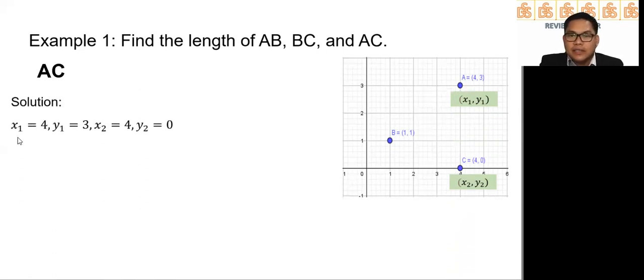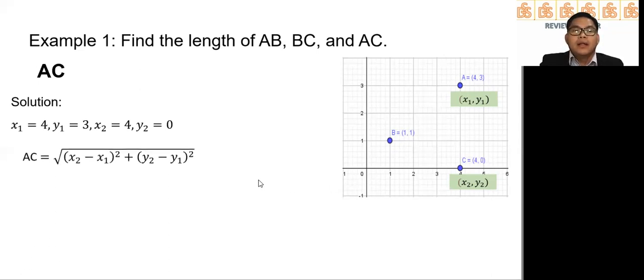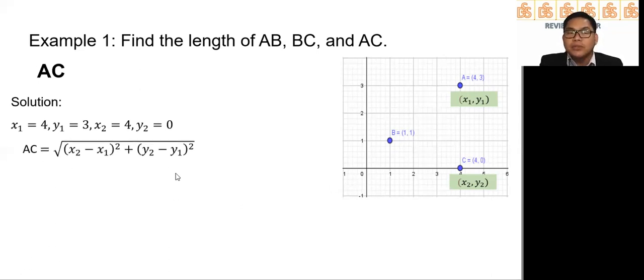Let's double check once again. x1 is 4, y1 is 3, x2 is 4, y2 is 0. Then we substitute these values into the formula and will have 4 minus 4 squared and 0 minus 3 squared.